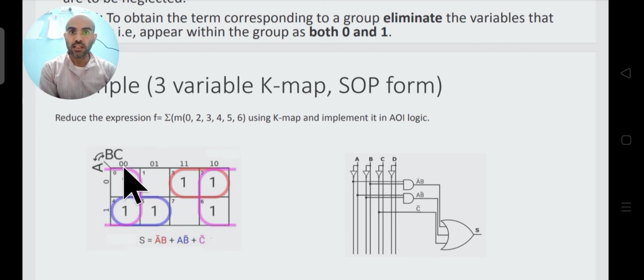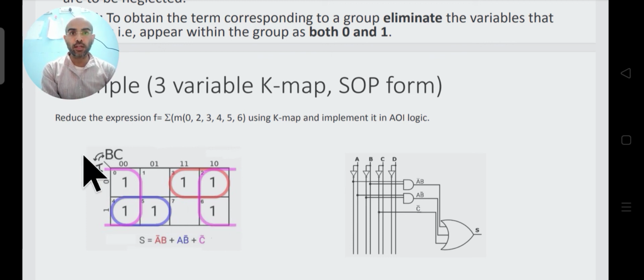So in this particular combination of these 4 cells, the term corresponding to that will be what? It should be C. C or C bar, that we will discuss later on, but it will not have A and B terms, because they are changing.